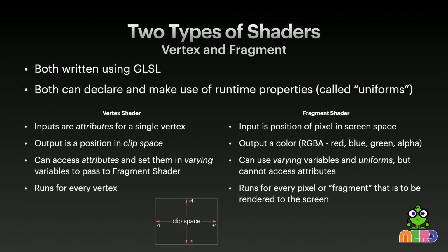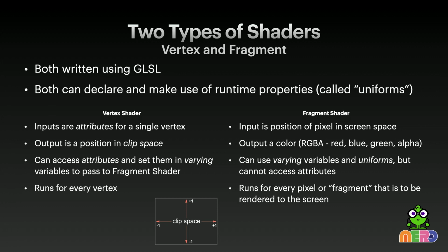The vertex shader is the first stop of our graphics pipeline. It gets a bunch of inputs, like we said, these attributes for a single vertex. Each vertex shader is working on a single vertex. You're going to input thousands of them or hundreds of thousands, but each one works on one thing.